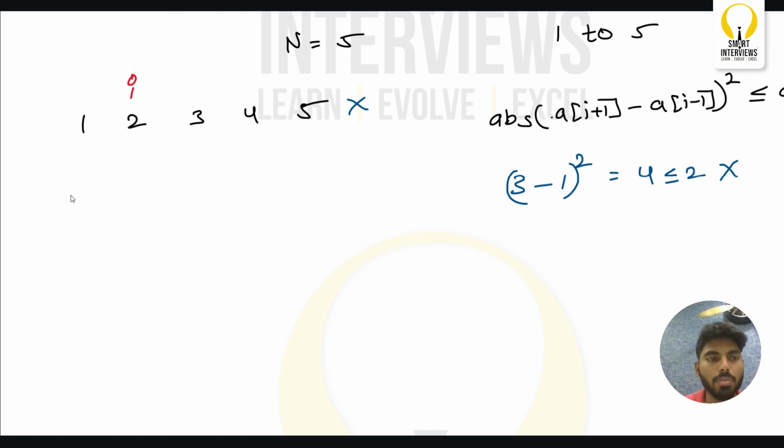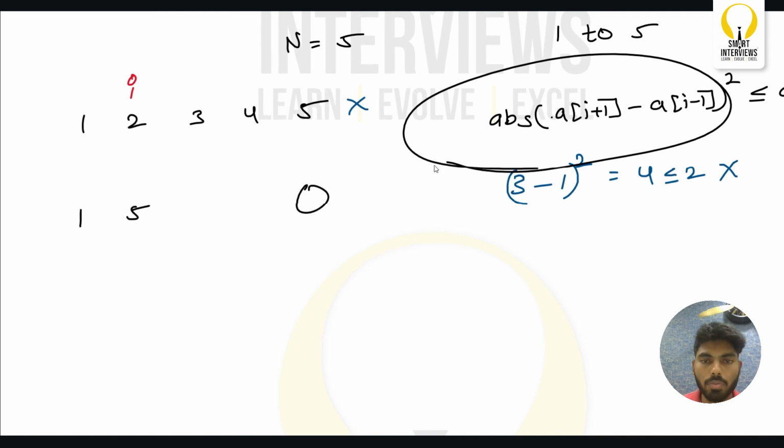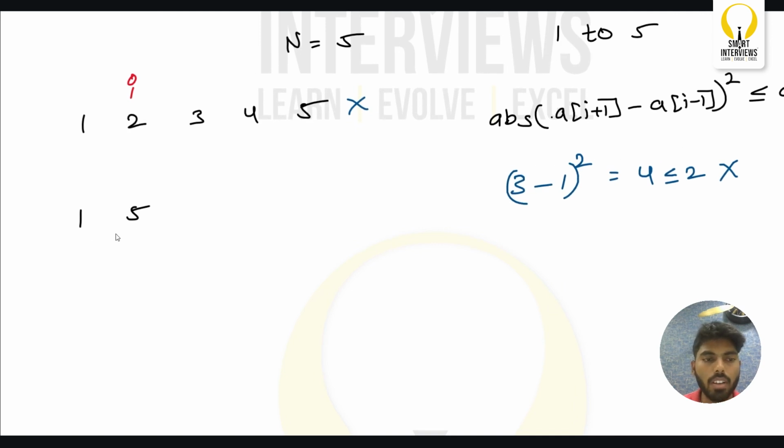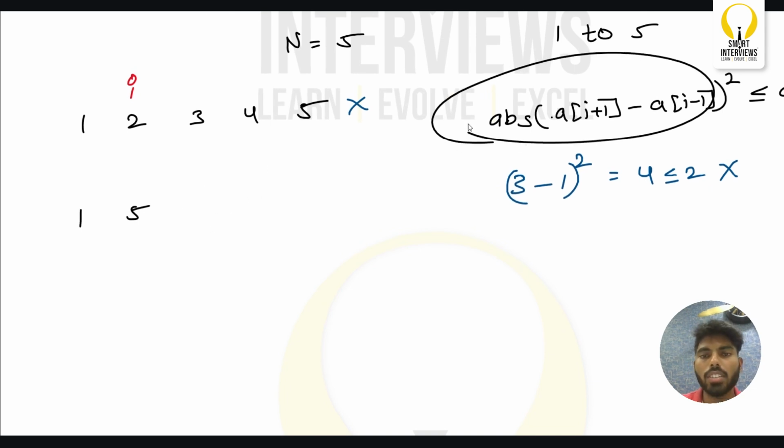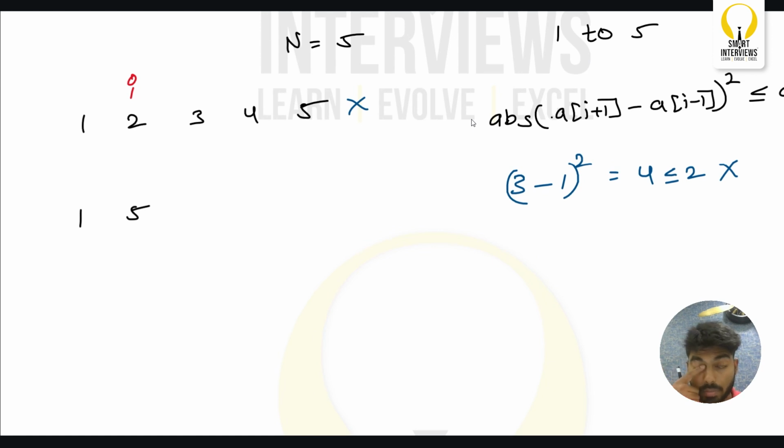Assume that I have written a 1 here, and assume that I have written 5 here. We know that from the second element till the second-to-last element, this condition should be true. Now tell me which value I should put here so that this condition will hold.